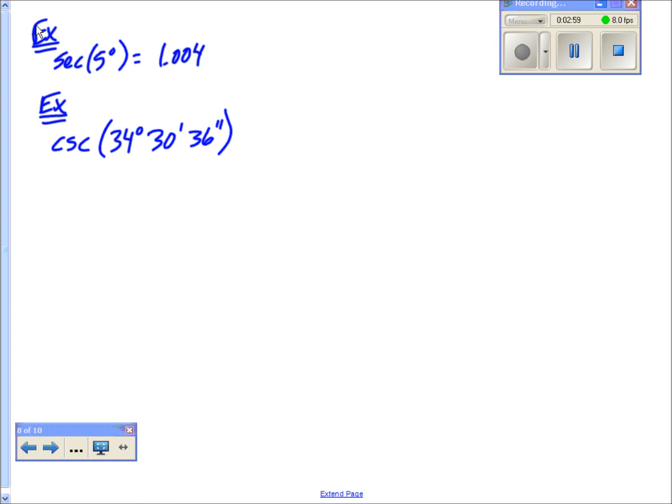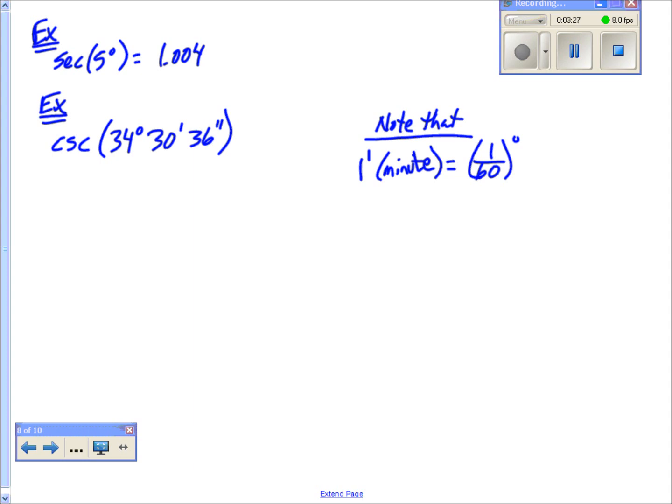That may be the first time that you guys have seen those units right there. Note that 1 minute is 1/60th of a degree.